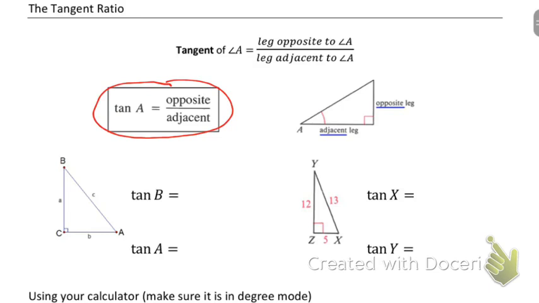So if I'm looking at angle A, the opposite leg is the one where I could draw a straight line to. Adjacent is the one that's connected there.